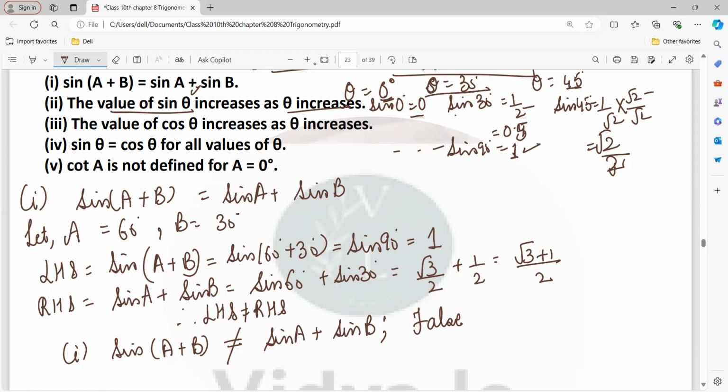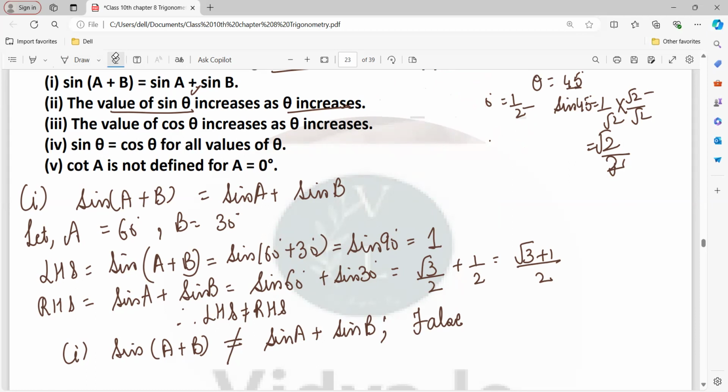So if we check the order, the values are increasing with the increase in theta. Is it clear? Wonderful. So the second part, that the value of sine theta increases with the increase in theta, is true.